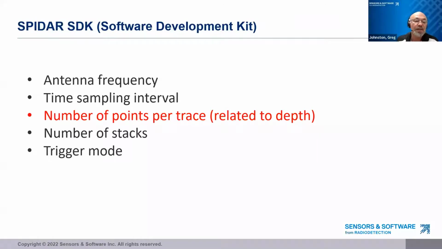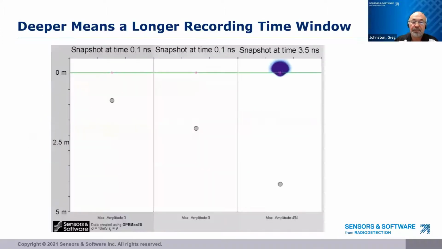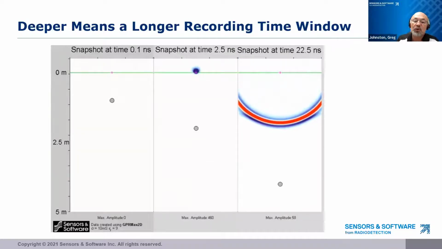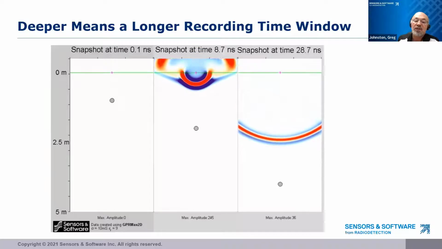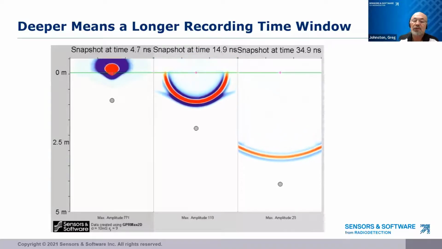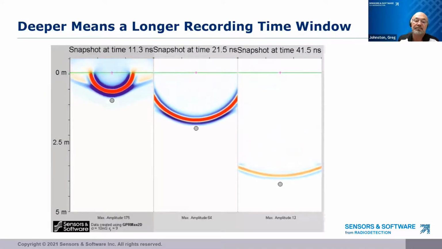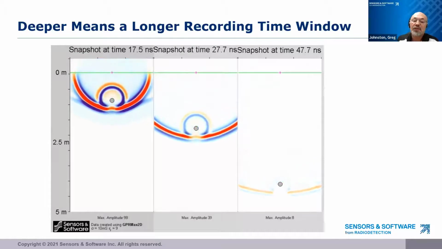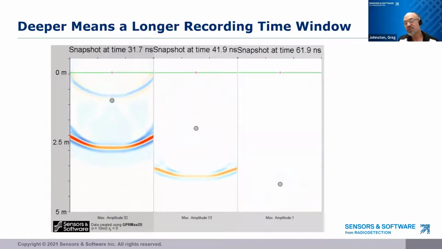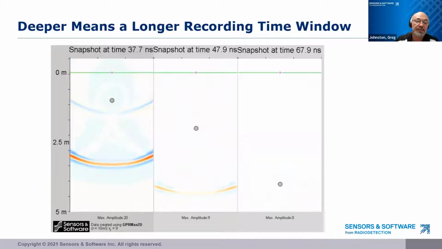All right, let's look at the number of points per trace, which is related to depth. It is simple to understand that to record GPR reflections coming from deeper in the subsurface, you need to record signals for a longer period of time. This parameter is called the time window, or more simply, the depth.